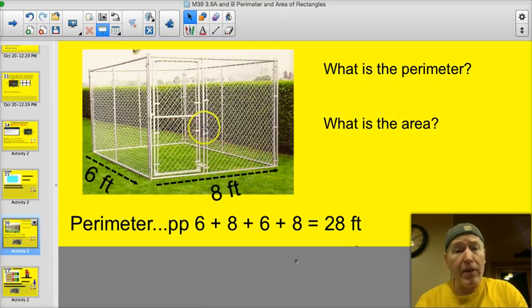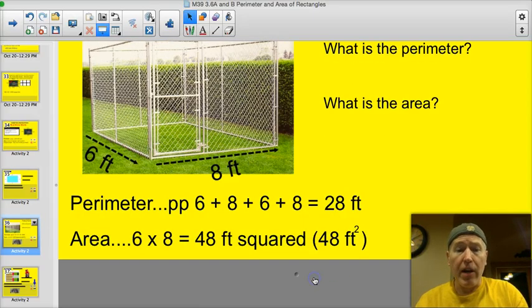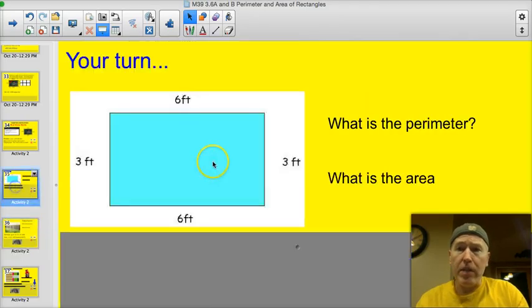You've got 8 feet over here, 6 feet over here, and 8 feet on this side too. You have to double those measurements. Add them up, you'd have 28 feet. Hope you got that right. Let's take a look at the area. Just multiply them together. This time 6 times 8 for 48 square feet, or feet squared, however you'd like to do that.